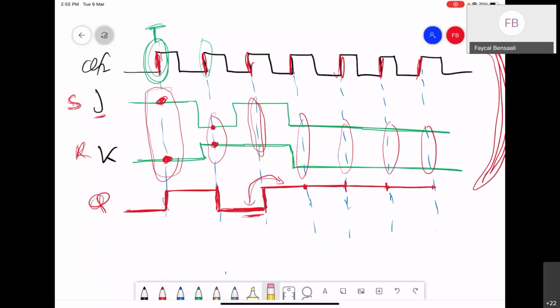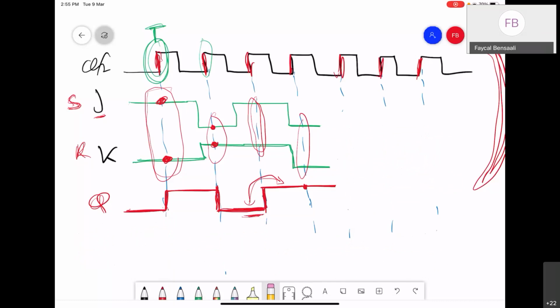Now let's change this one. If I change this signal, let's say I have this scenario, and then I will have here 1 and stays 1, and here I will have 1 as well and stays 1.